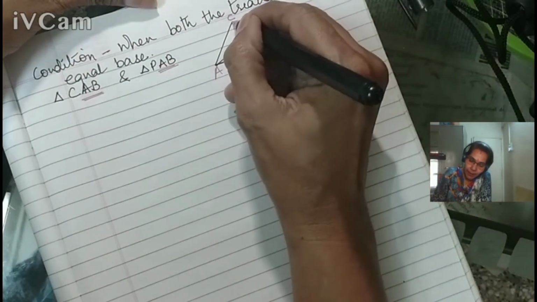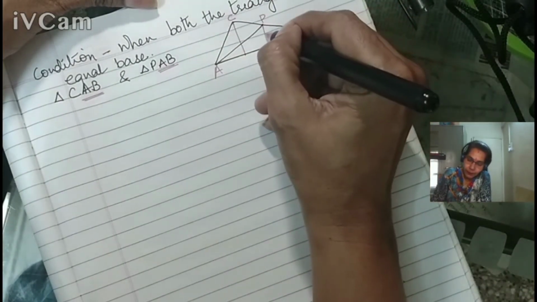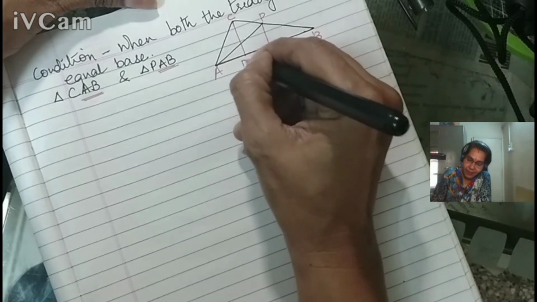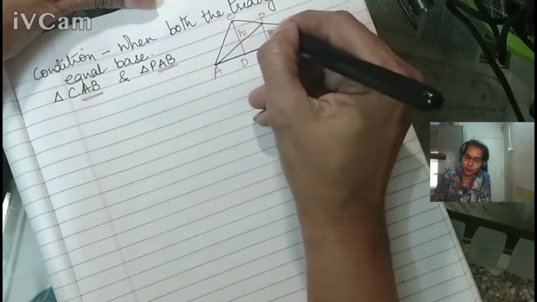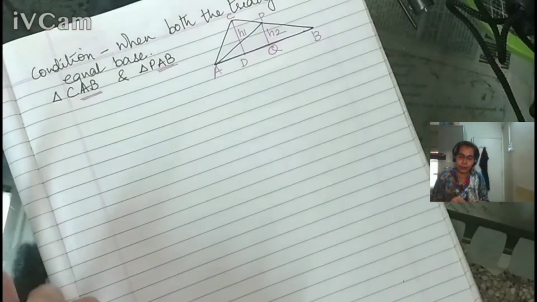Now I'll drop perpendiculars CD and PQ. This is my H1. This is my H2.